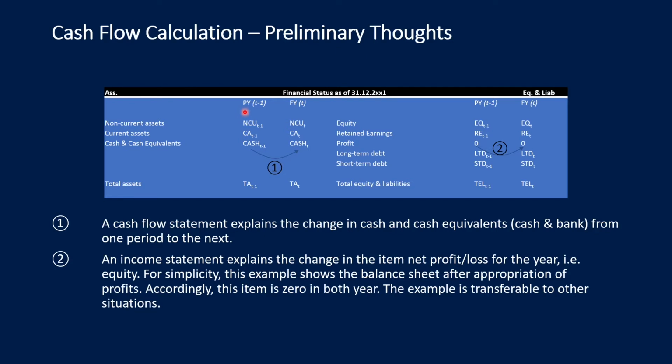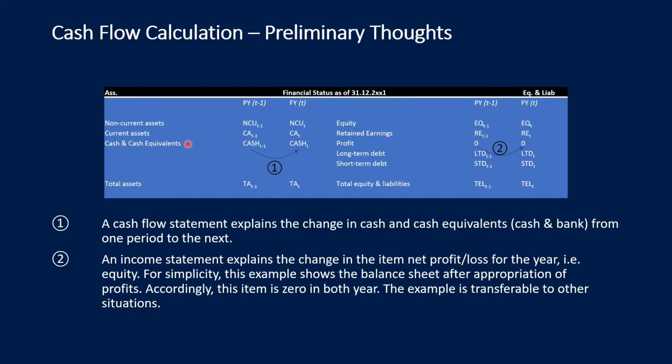This is a very simplified calculation because for didactical reason I just look at the big items of this financial status or balance sheet. We look at the non-current assets and the current assets and, attention, at the cash and cash equivalents.